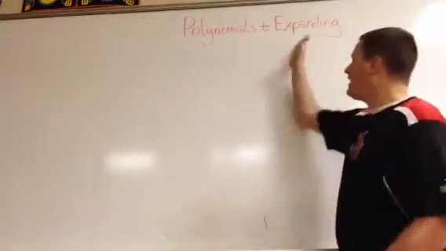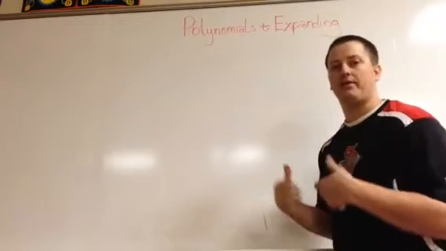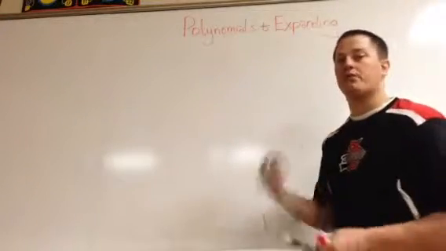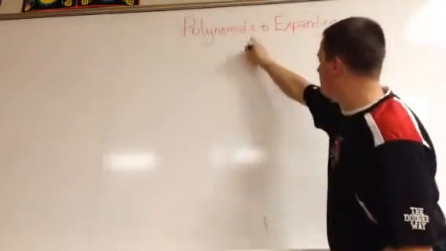Next, we're going to look at how to expand polynomials, how to do the math that gives us these polynomials. To do this, there are really 2 camps of how to work through these problems.